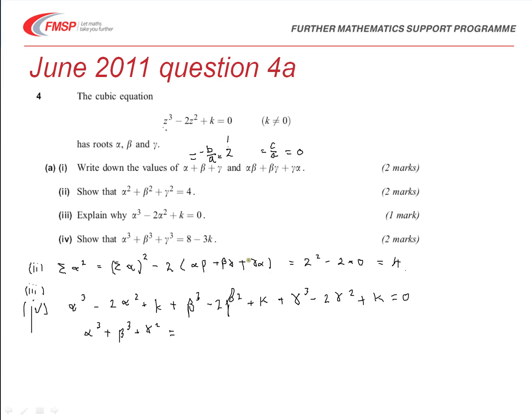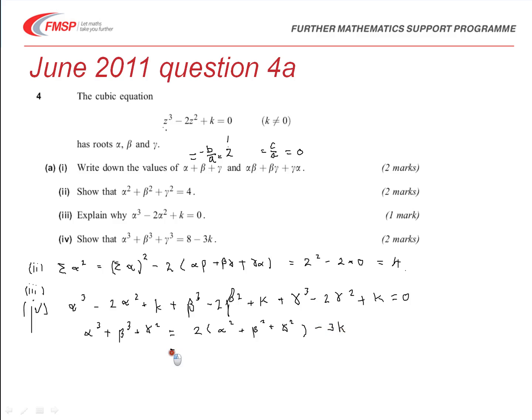So if we factorise that at the same time, we get twice alpha squared plus beta squared plus gamma squared, and we got a k and a k and a k, so when they moved across we get minus 3k.